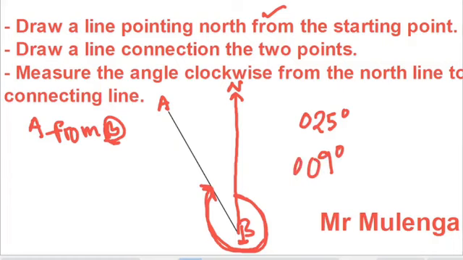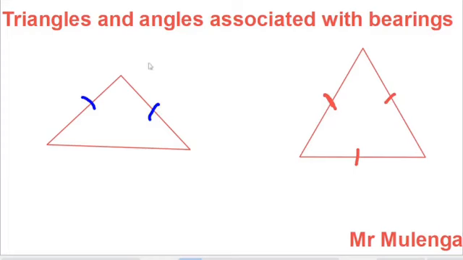Let us now look at some triangles and angles that are associated with bearings. Let's look at this first triangle that we have. This first triangle is an isosceles triangle. An isosceles triangle is a triangle that has two sides that are equal and two angles that are equal.